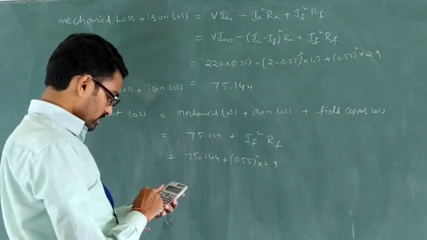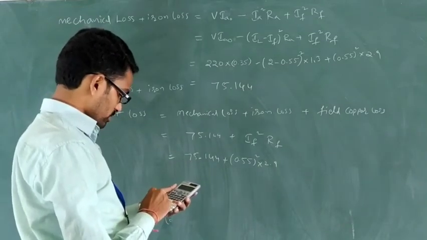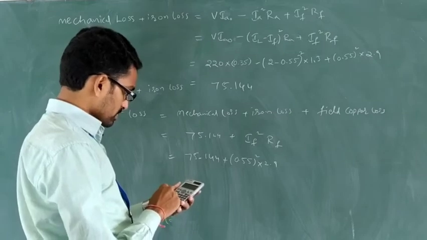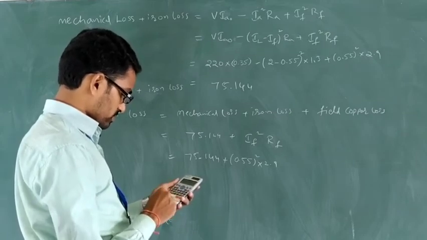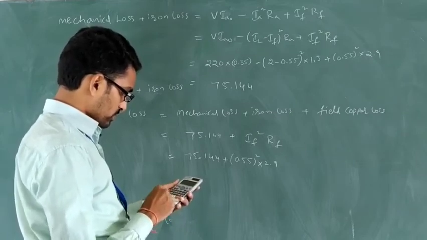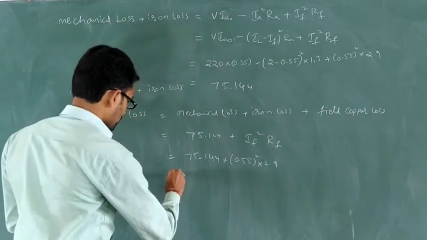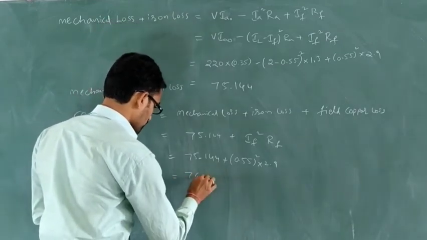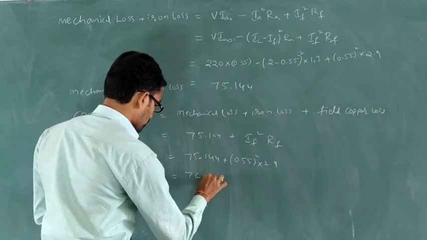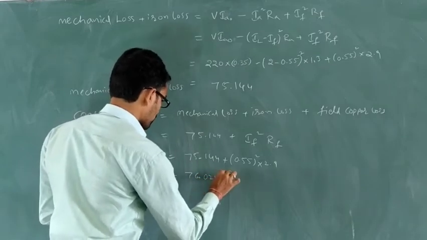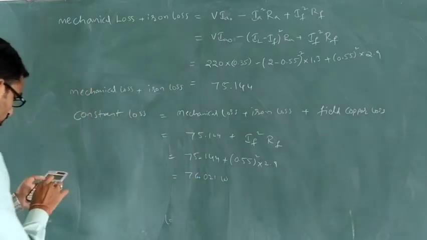So if you calculate that, it is 76.021 watts. It is constant losses.